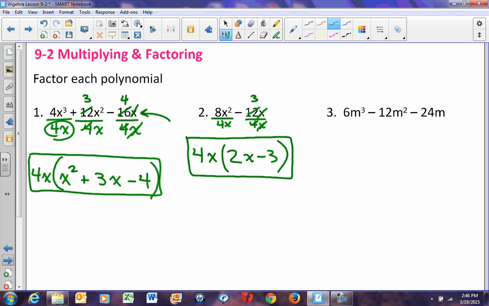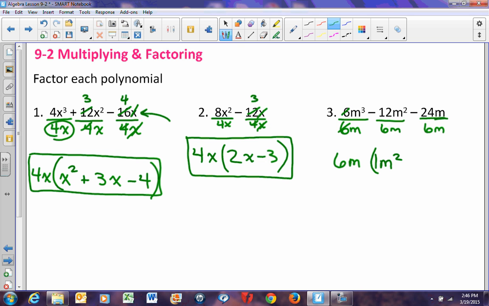Last problem here. Greatest common factor between 6, 12, and 24. Largest number that divides into those? 6. Largest number of m's I can take out? M. So if I divide everything by 6m, I'm left with, this 6 cancels this 6, m to the 3 minus 1 is m squared, because this becomes a 1.